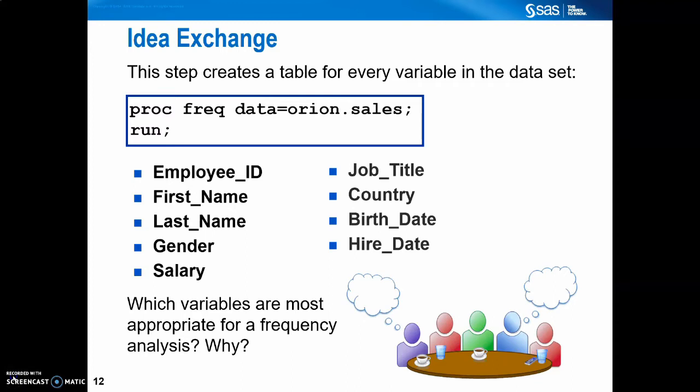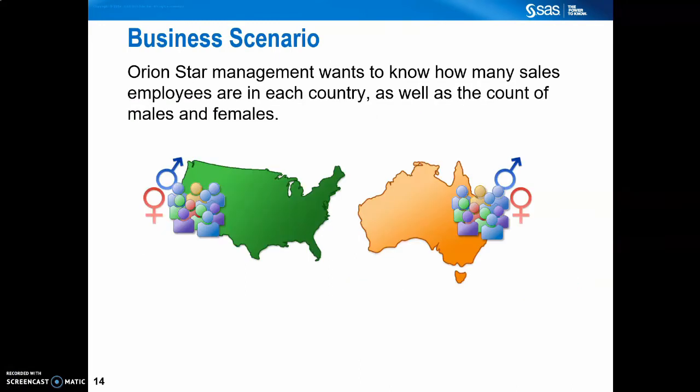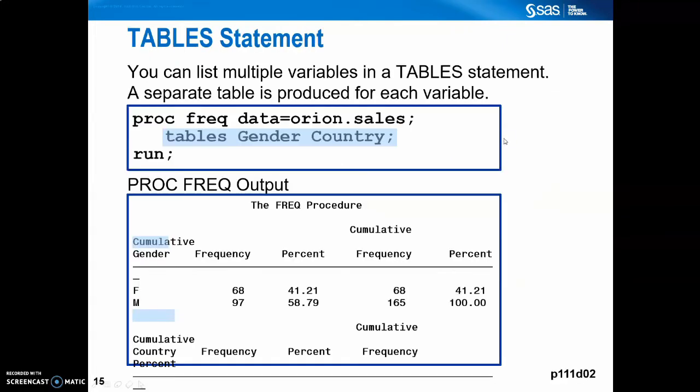Thank you. Okay, the next business scenario where we can use PROC FREQ is: Orion Star Management wants to know how many sales employees are in each country, as well as the count of males and females. By using the TABLES statement, we can list multiple variables.